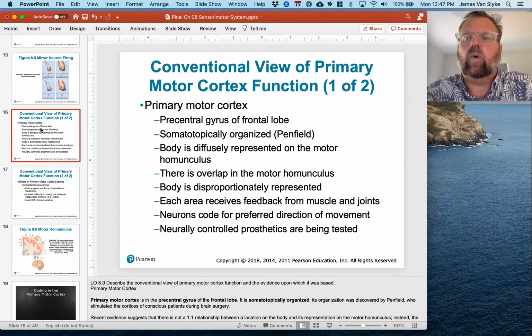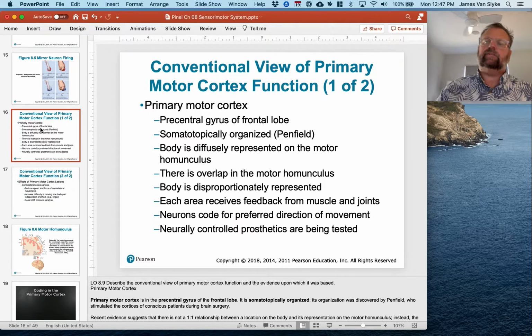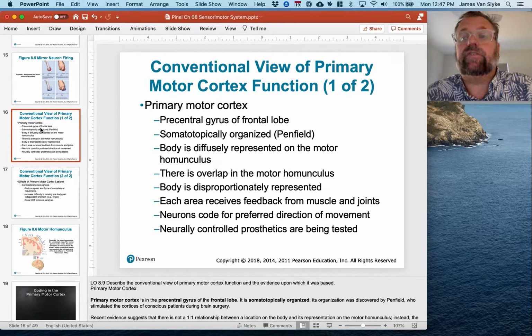It's organized based on the body. So it's somatotopically organized. What that means is it's organized based on the soma, or based on our body, in that different areas of our body and the different functions associated with performing different actions are located on that particular cortex.